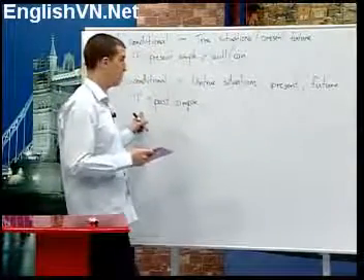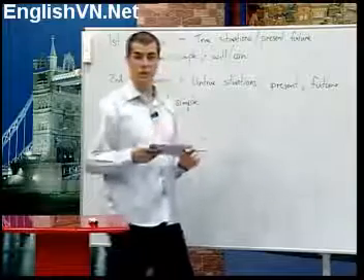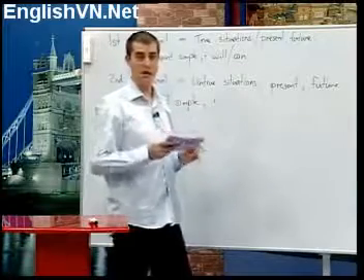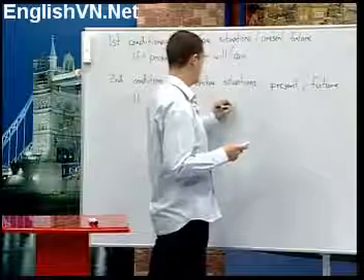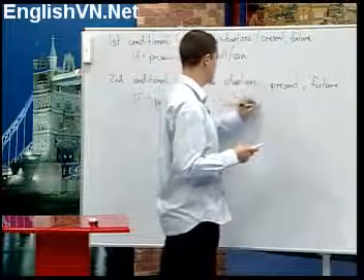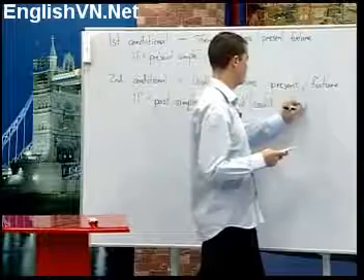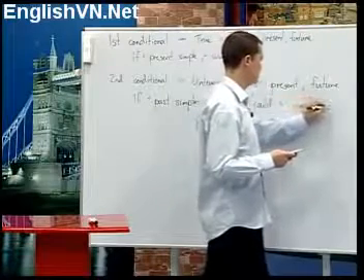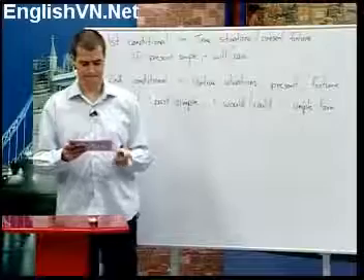If if begins, we have a comma, and then in the second clause we use would or could plus a simple form. Would or could plus simple form. For example, if the clown had more time, he would sign autographs.